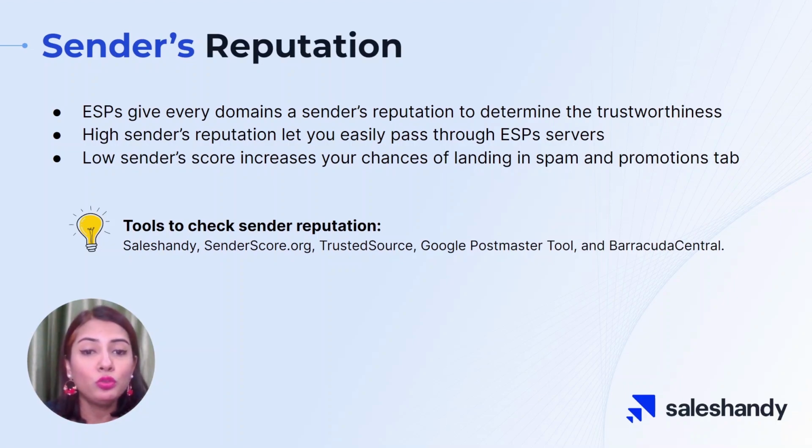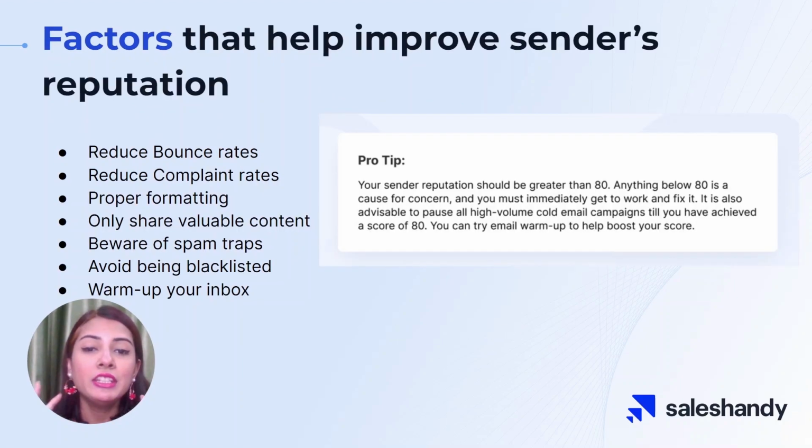So here are a couple of tools you can use to check your sender reputation: Saleshandy, senderscore.org, Trusted Source, Google Postmaster Tools, and Barracuda Central. Here are a few ways that can help you improve your sender reputation: reduce bounce rates, reduce complaint rates, have proper formatting of your email content, only share valuable content, beware of spam traps, avoid getting blacklisted, and of course, warm up your inbox.